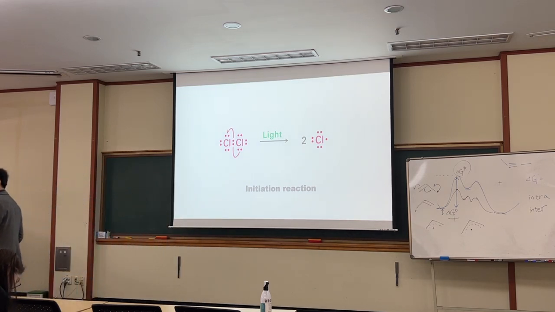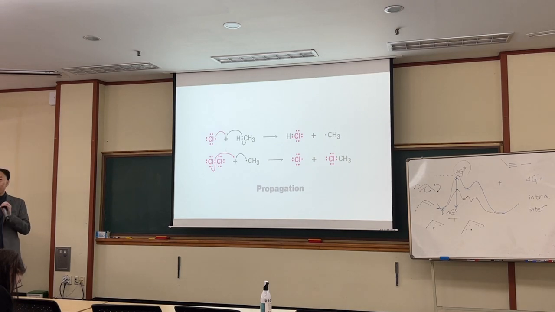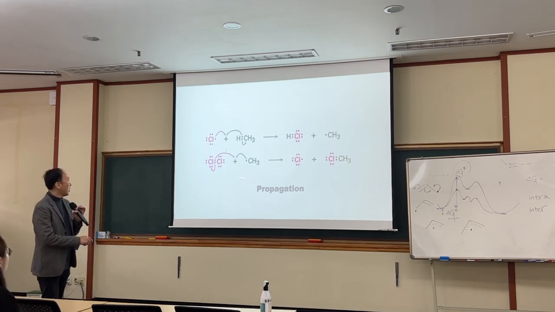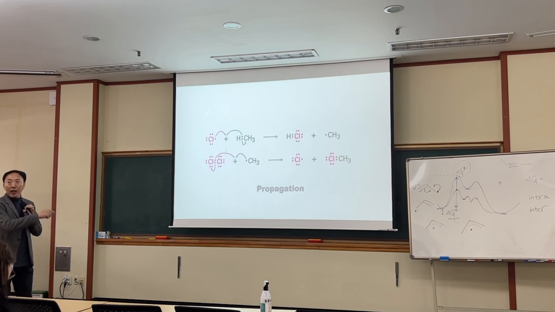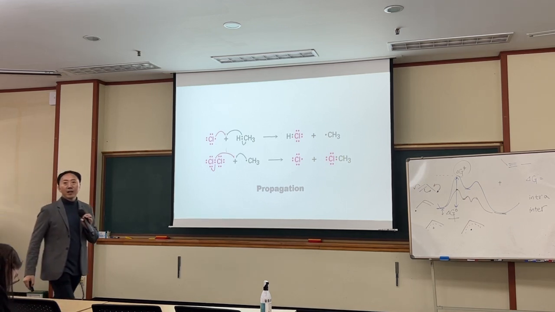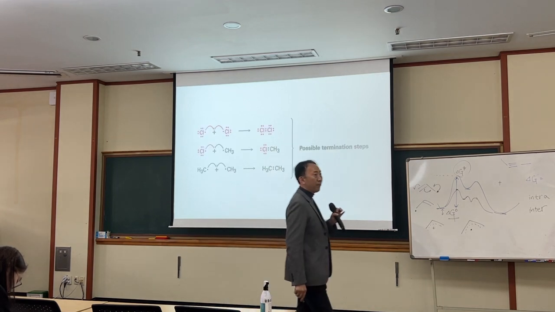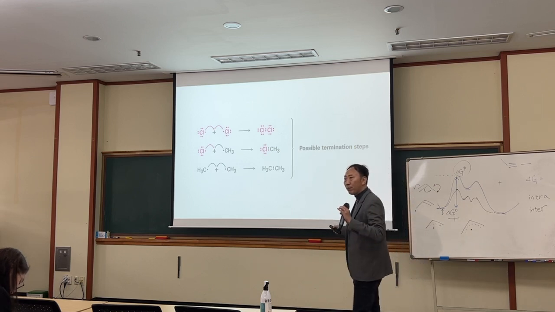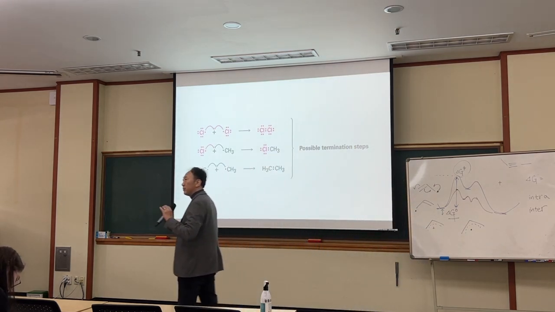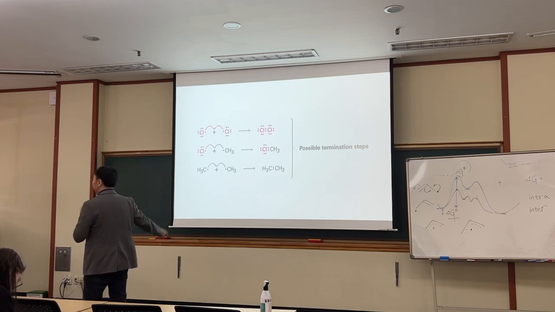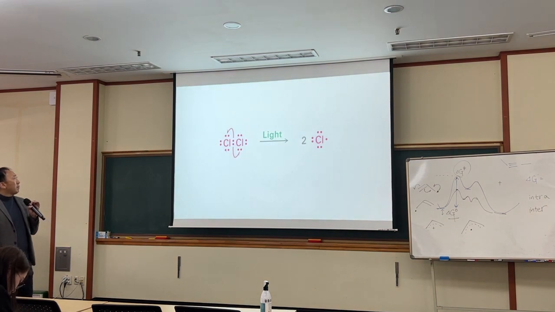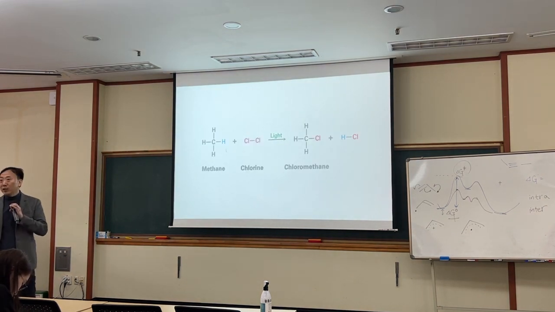This is the generator or initiator. Once a radical is formed, propagation can happen. It is very reactive, so it can attack this one, generate another radical, and this radical regenerates this one. It's a kind of chain reaction. That's what we call propagation. After all the reagents are used up, the leftover radicals somehow meet together and finish up. A radical is unstable, so once they combine, a stable molecule is formed and the reaction finishes. So in the beginning you need to give light or high temperature.